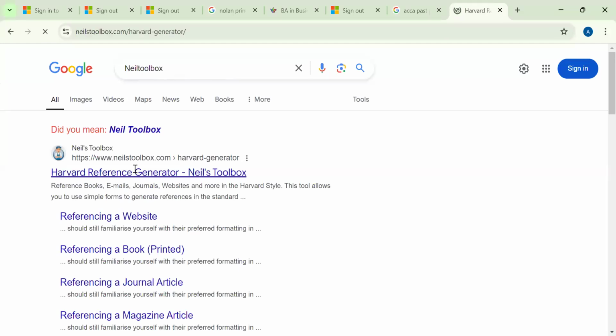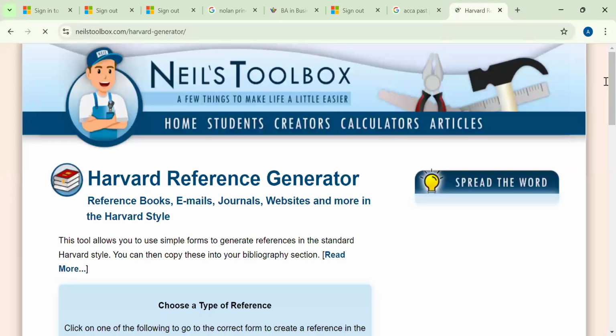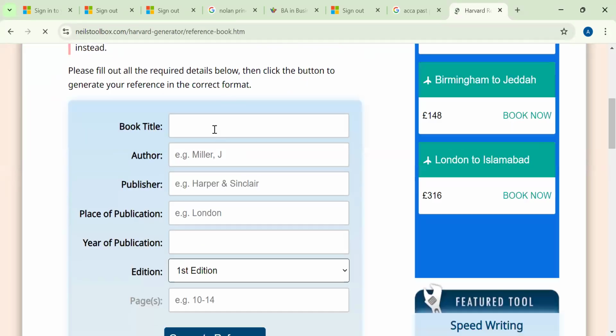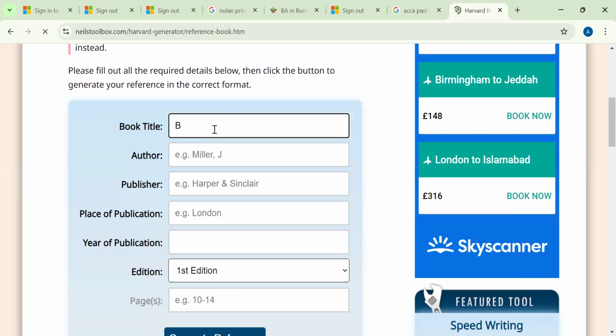So if you go on the website, this is called Harvard Reference Generator. You click that. If you're using books, let's say the Kaplan book which I gave you, you can look up the title of the book, of course, it's Business Taxation.